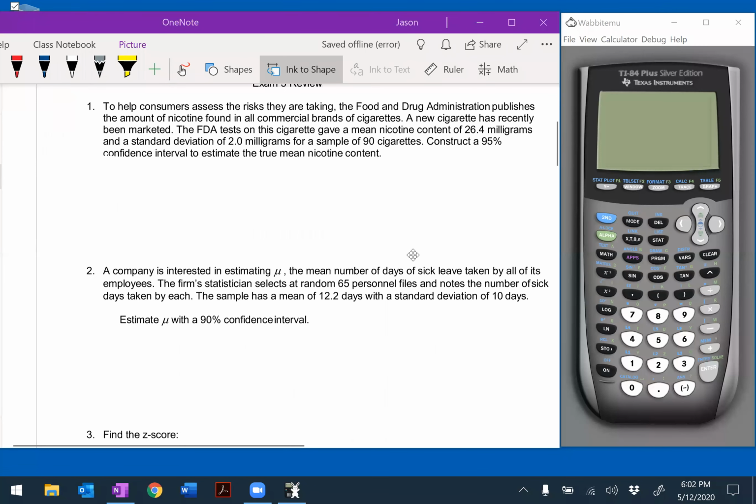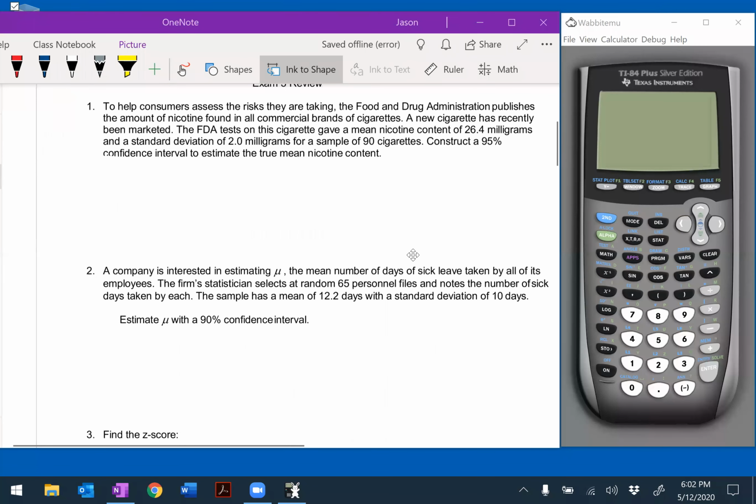Okay, so let's go through number 1 here. It says to help consumers assess the risk they are taking, the Food and Drug Administration publishes the amount of nicotine found in all commercial brands of cigarettes. A new cigarette has recently been marketed. The FDA tests the cigarette and gets a mean nicotine content of 26.4 milligrams with a standard deviation of 2.0 milligrams for a sample of 90 cigarettes.